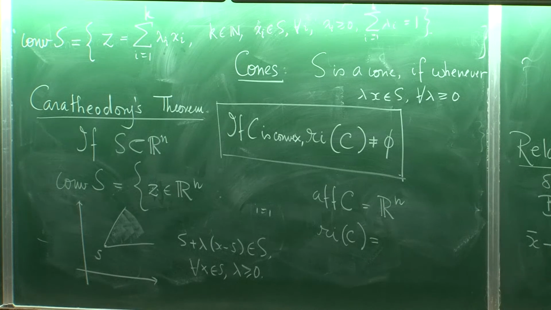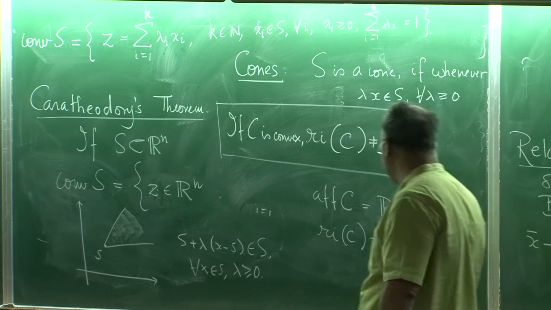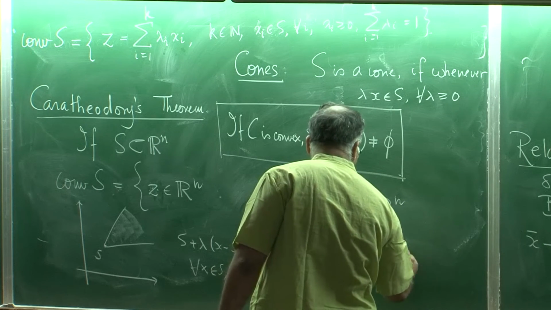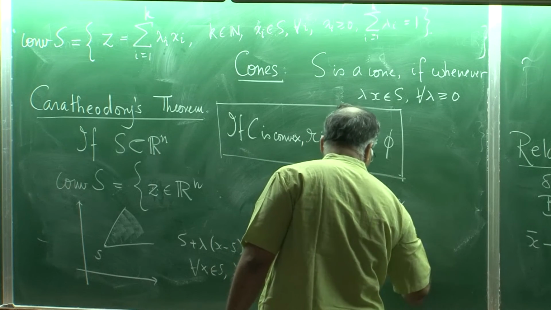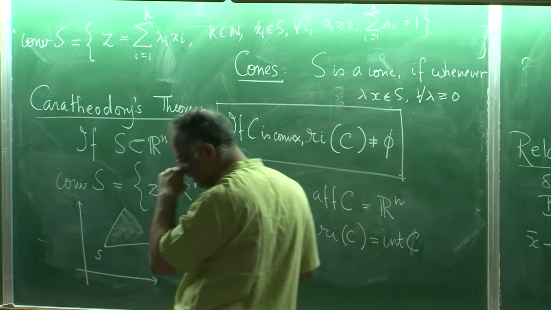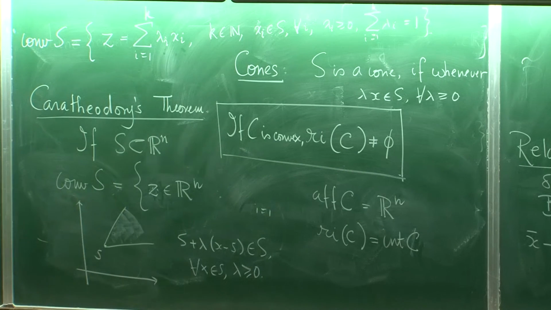So, the relative interior of the set C is the interior of the set C. So, any full dimensional convex set, so if you have an n dimensional convex set or a 3 dimensional convex set in a 3 dimensional space, then it must always have an interior.